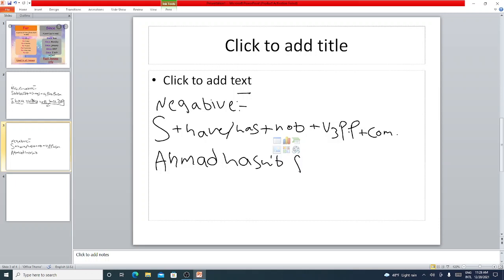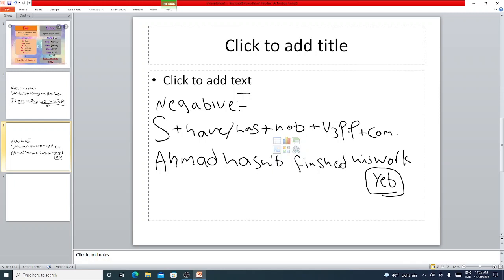Ahmed hasn't finished his work yet. Yet clarifies or determines an unfinished action.